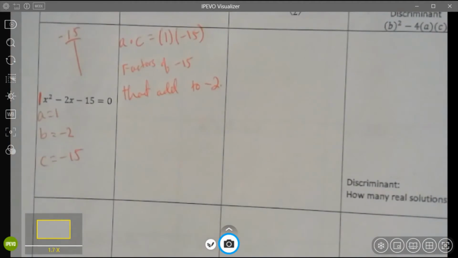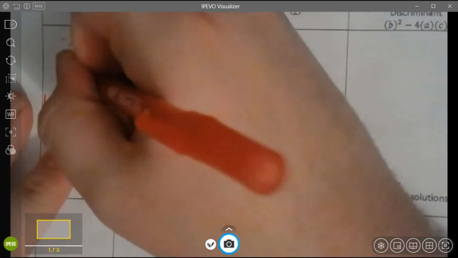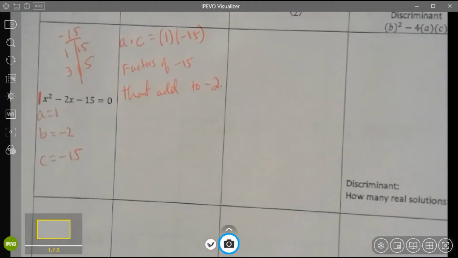So if we just list them, I'll list them over here. The factors of -15 or 15, either way, are 1 and 15 and 3 and 5. So those are the only factors of 15. So it needs to be negative, which means we're only going to have one negative sign here.